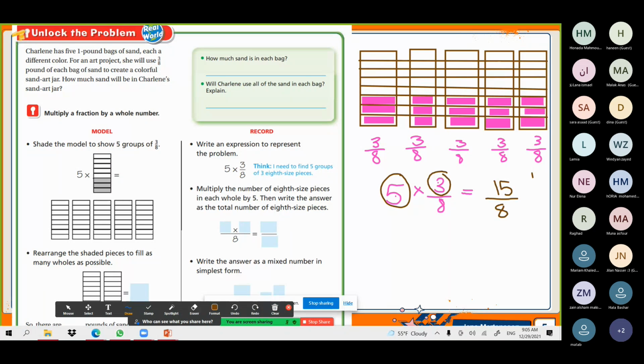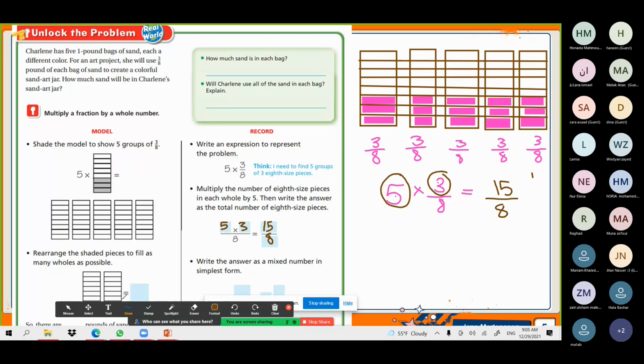I will multiply the whole number with the numerator and take the 8 as it is. In other words, multiply the number of eighth pieces, which is 3 over 8, by 5. So it comes like 5 times 3 equals 15 over 8.